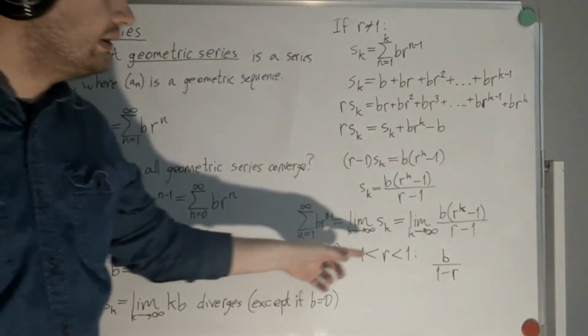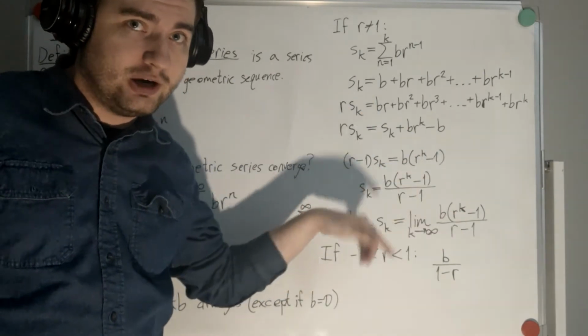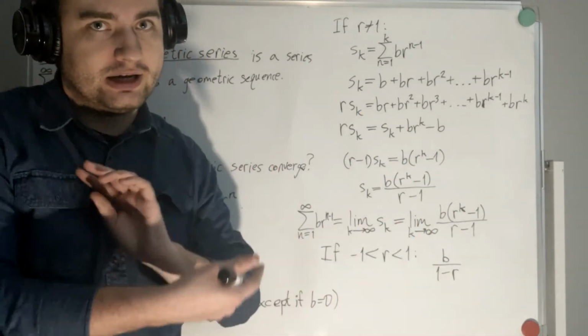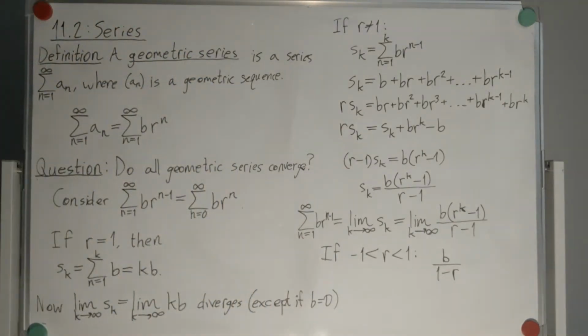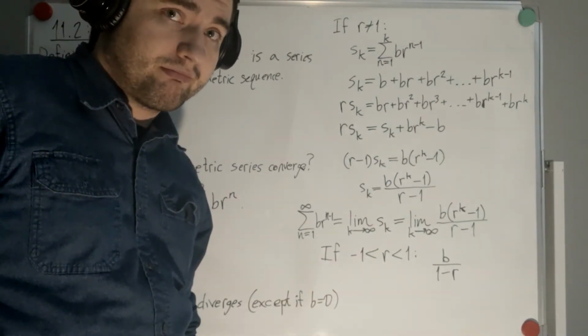And I'm getting that by just saying, okay, this is 0 minus 1, so that's -1. Negative b divided by r minus 1 is the same as b divided by 1 minus r, just canceling the negative sign from the top and bottom. Okay? And then if this is not the case, it's going to be divergent.